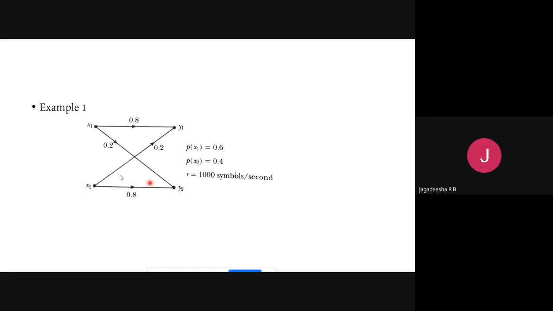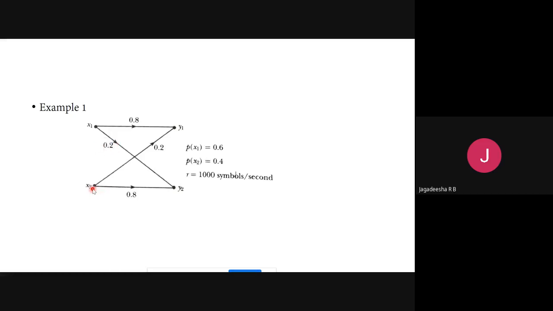The first symbol x1, if it is transmitted, is received as y1 with the probability 0.8. And when x1 is transmitted, it may be an alphabet or a number or a video or a photo, any information, it is received at the output as y2 with the probability 0.2.